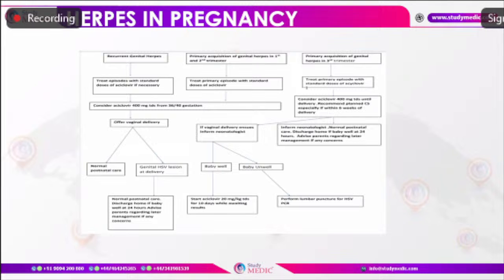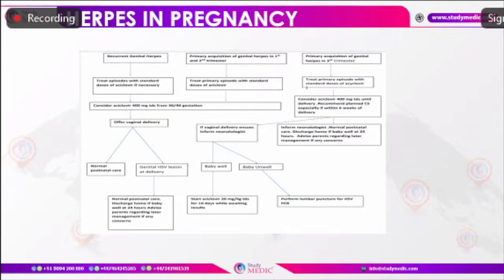If vaginal delivery is opted for by the mother, or there is a vaginal delivery in progress, you have to inform the neonatologist and the baby's condition has to be evaluated. Even if the baby is well, we need to start the baby on IV acyclovir 200 mg per kg TID for 10 days while we await the results.